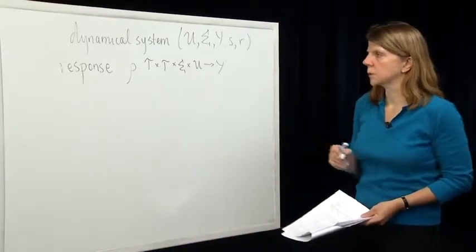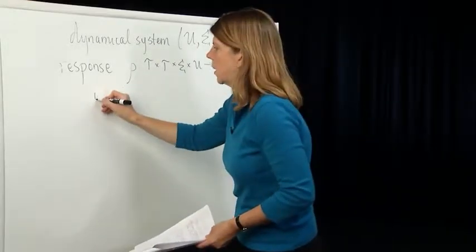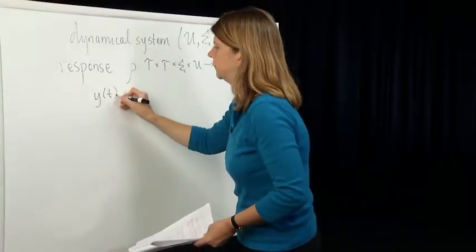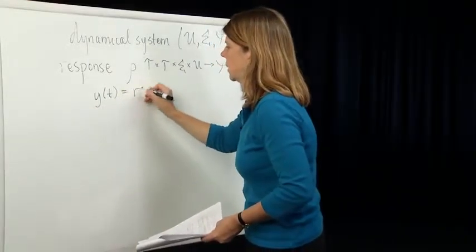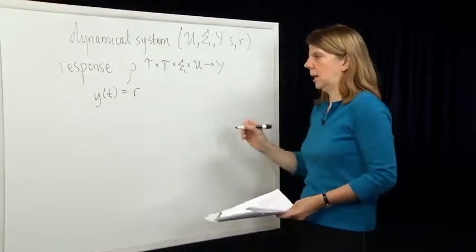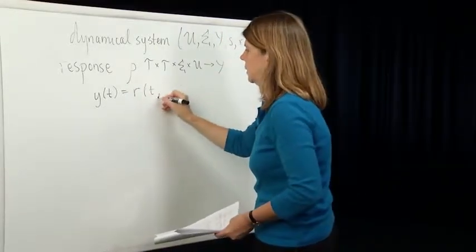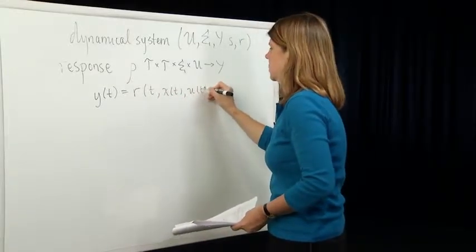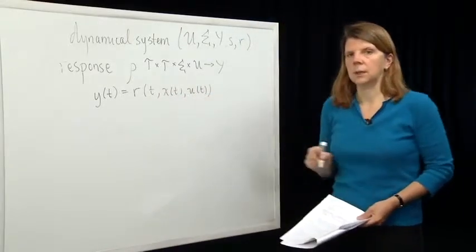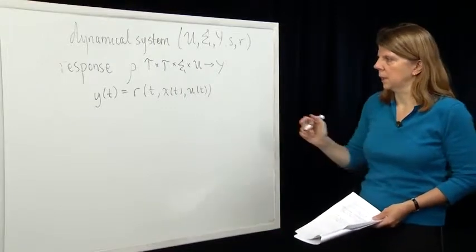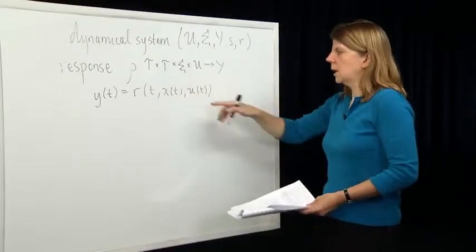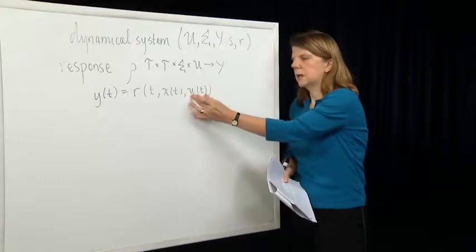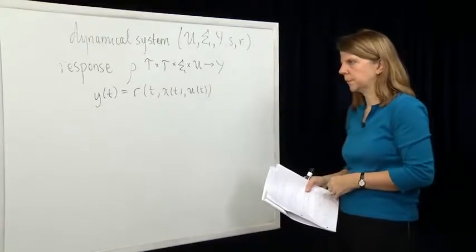So the way we write this is the output at time t is equal to, as we know, the output readout map at time t, given the current value of the state, or the state at time t, and the current value of the input at time t. Okay, so this is from our state space, and this is from the range space of our input functions.